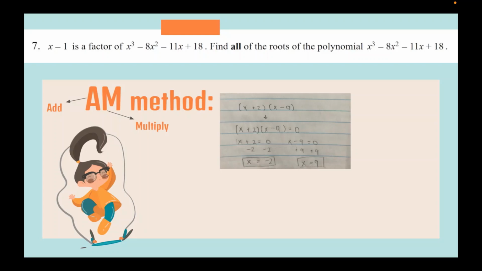However, remember that we were given another factor at the beginning of the problem, which is x minus 1. So we can simply set that equal to 0, add 1 to both sides, and get x is equal to 1. Therefore, the roots of x cubed minus 8x squared minus 11x plus 18 are x equals negative 2, 9, and 1.